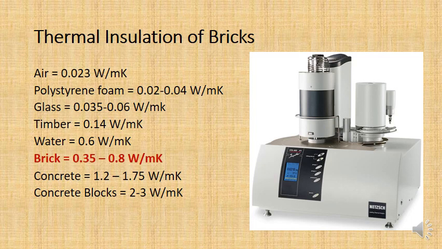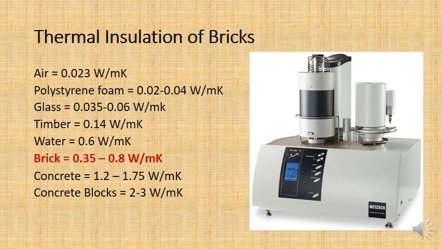Now, regular concrete has slightly better insulation. It's sort of 1.2 to 1.75 watts per meter Kelvin. So basically, it's not that great, concrete, but that's normal concrete. Concrete blocks are made from very poor quality concrete.